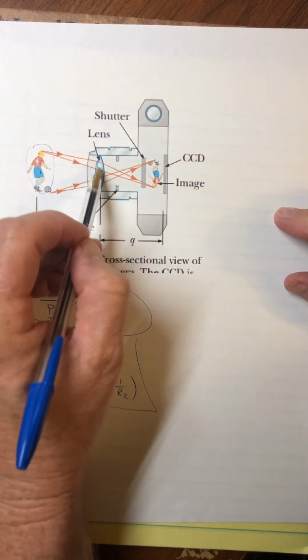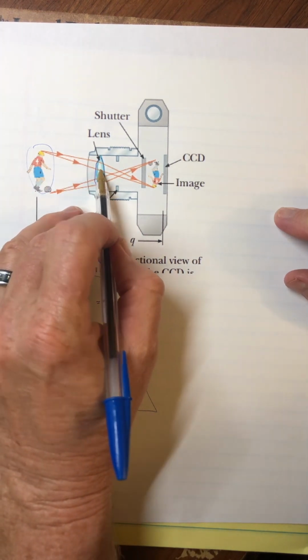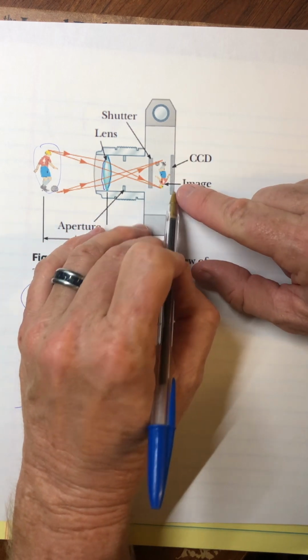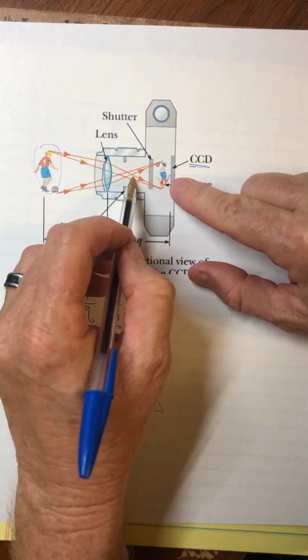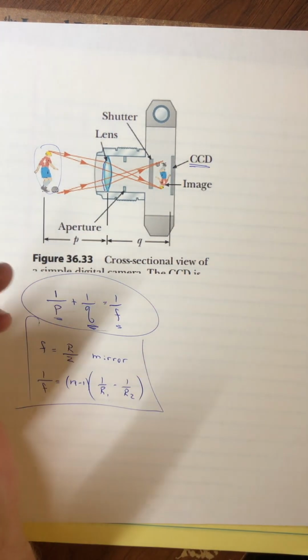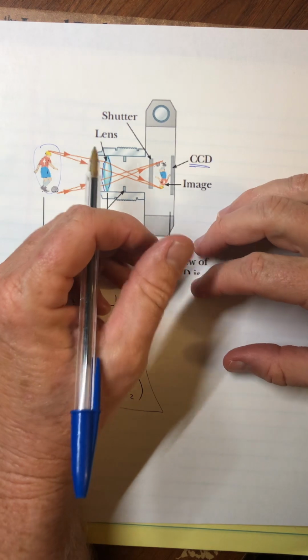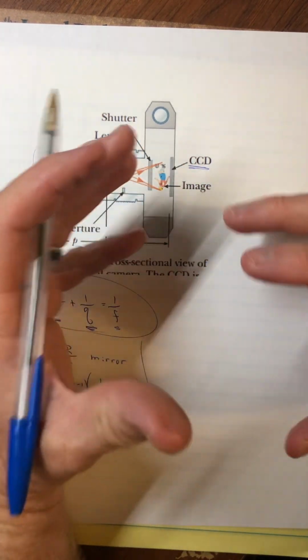The light comes in, gets redirected by the lens. And I will say that the image has to be real on the CCD array. It's the actual energy from this light that stimulates the electronics, or in the old-fashioned case, the film. And it's that energy that makes the film material, the photosensitive chemicals, react.